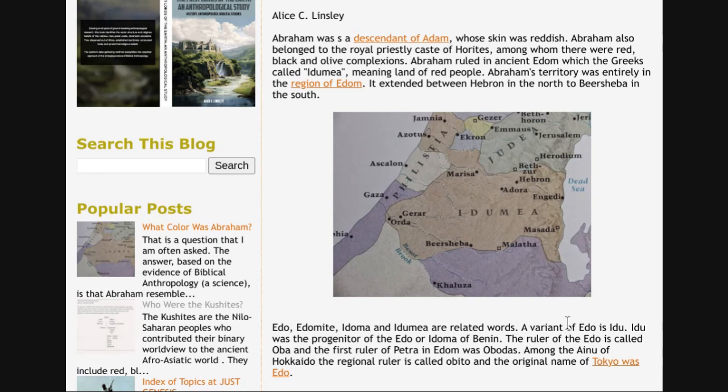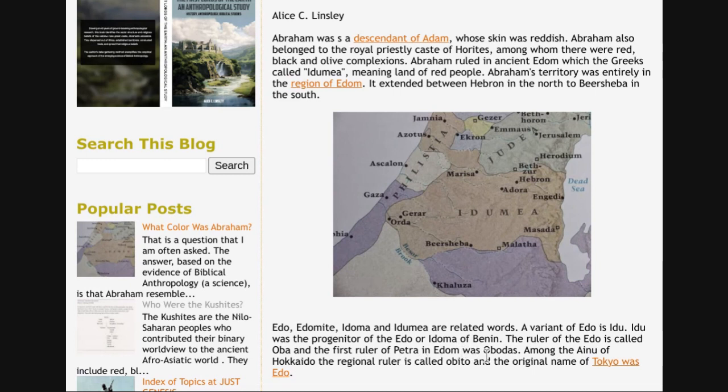I don't know if you can see my cursor right here, but I don't have a highlight. It says Edo is Edu. Idu was the progenitor of Edo or Iduma of Benin. Check this out. It says the original Edomites are from Benin. The ruler of the Edo is called Oba, and the first ruler of Petra and Edom was Obodas.